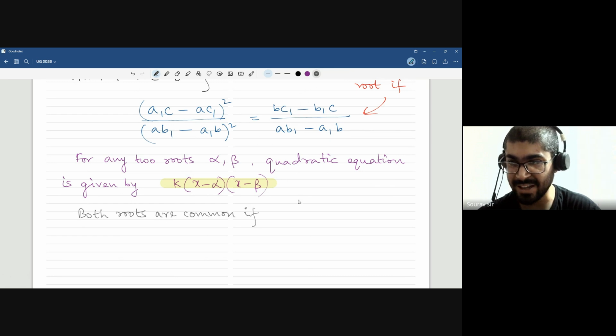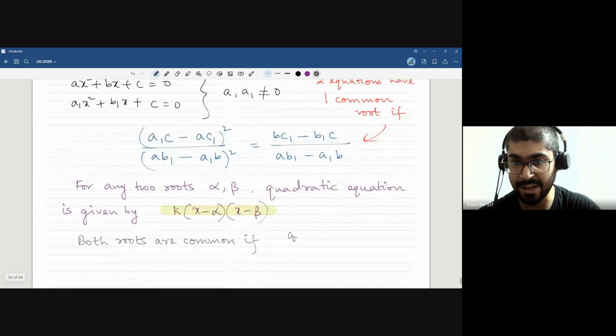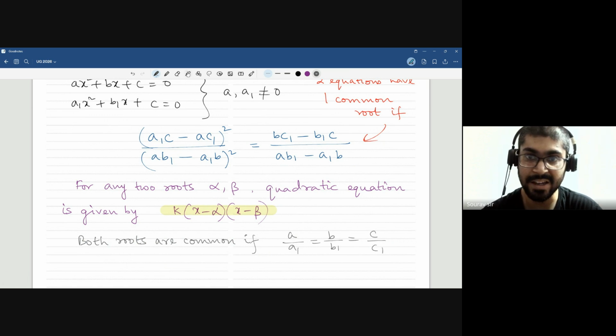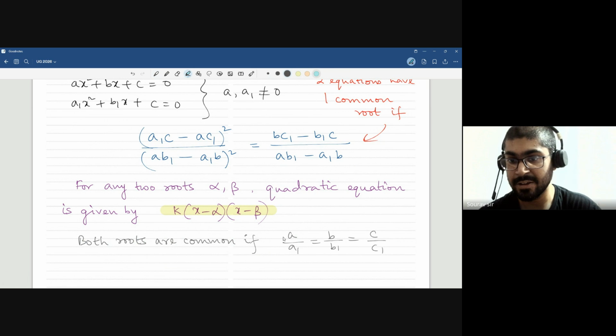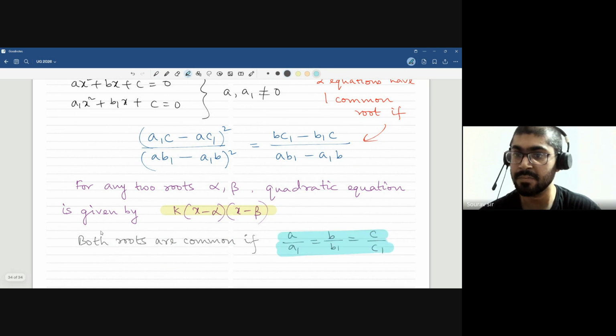This is the same condition as the infinite roots in the simultaneous equation. There, a by a1 is equal to b by b1 is equal to c by c1. If all of them are proportional, then all the roots are equal. Okay, clear?